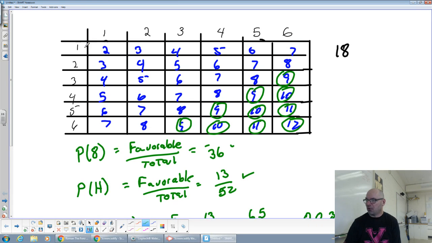Doubles would be 1 and 1, 2 and 2, 3 and 3, 4 and 4, 5 and 5, 6 and 6. We don't have to recount those twice. So now we just count 1, 2, 3, 4, 5, 6, 7, 8, 9, 10, 11, 12, 13, 14. Don't count those twice. So we got 14 out of 36.